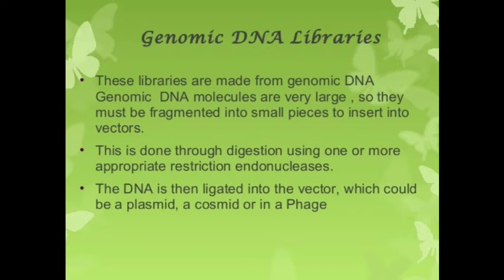In the previous session also I have told you the importance of a restriction enzyme. It cuts the DNA at a particular site, and for a particular DNA, a particular type of restriction enzyme is used. It may be endonuclease or exonuclease.